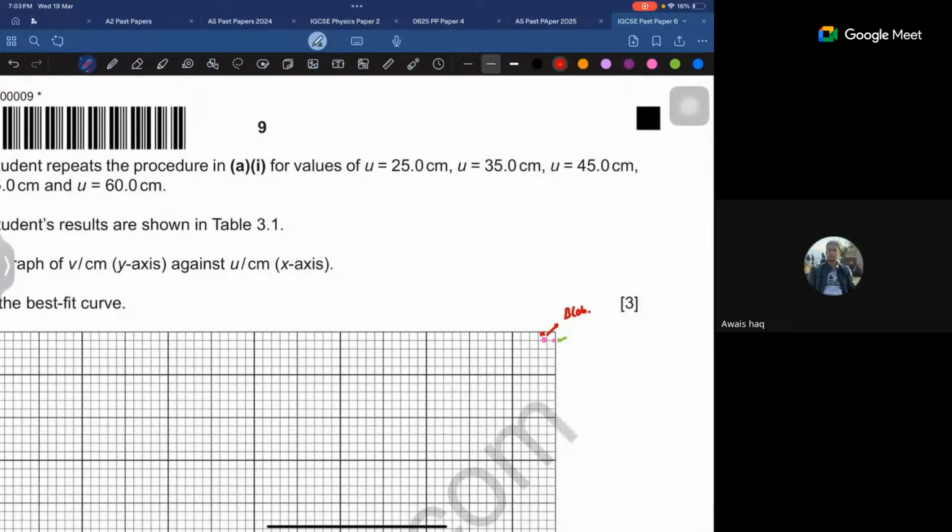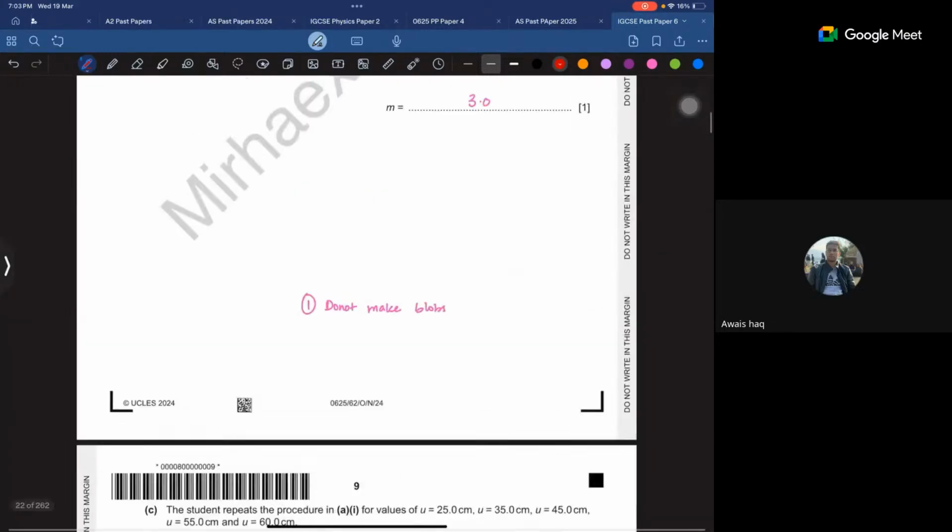Next, you have to have a thin line and do not double it.